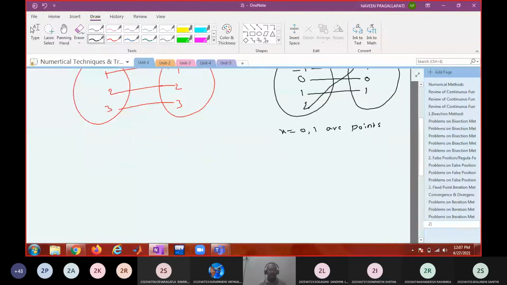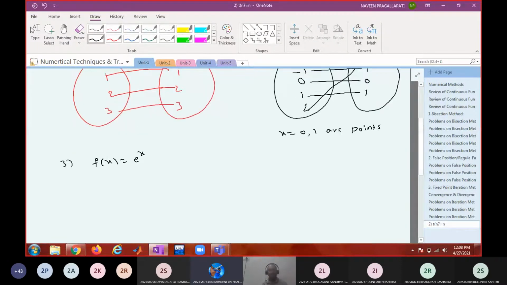Whereas if you take f of x equal to e power x, is there any fixed point for this function? No, sir. The point is not mapped to itself, therefore there is no fixed point for this function.